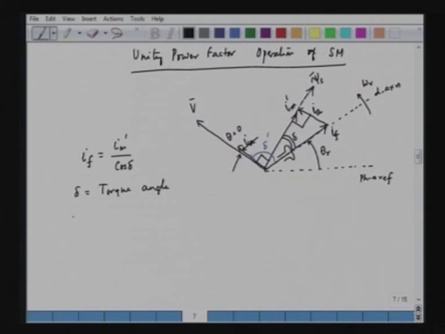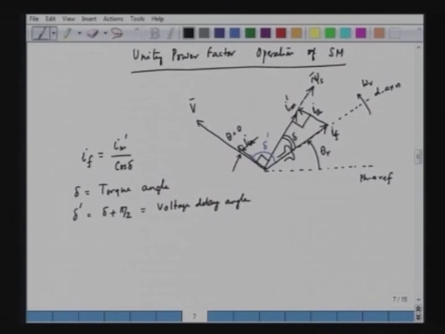And then we have delta prime, which is equal to delta plus pi by 2. We call this the voltage delay angle. This is delta plus a constant, pi by 2, and this is the angle by which the voltage is delayed or leading from the d axis of the rotor.